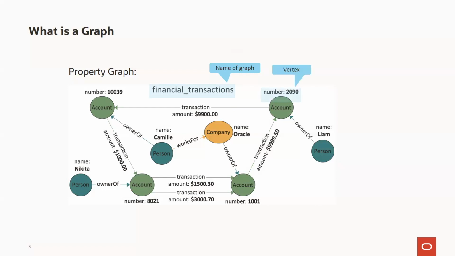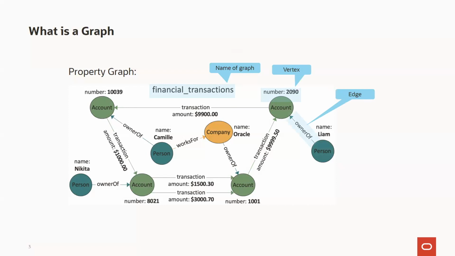In this example, we can see that there is a transaction of nearly $10,000 happening between account number 2090 and account number 10039. So the main vertex of this graph is an account.